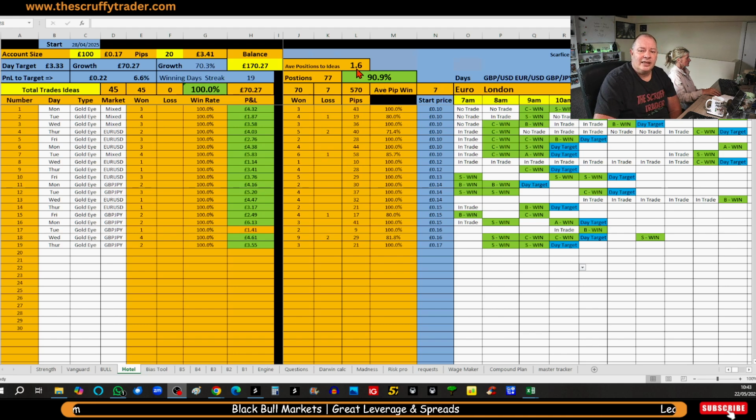And the average positions to an idea is 1.6. So what this is telling me is I'm starting to nail the entries a little bit better. It could be market conditions, or the format that I've been practicing with is getting better. So that's what this is all about.